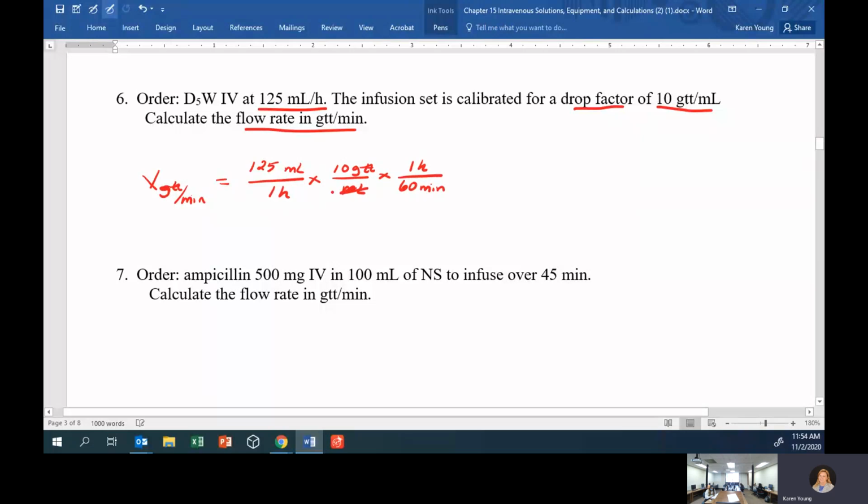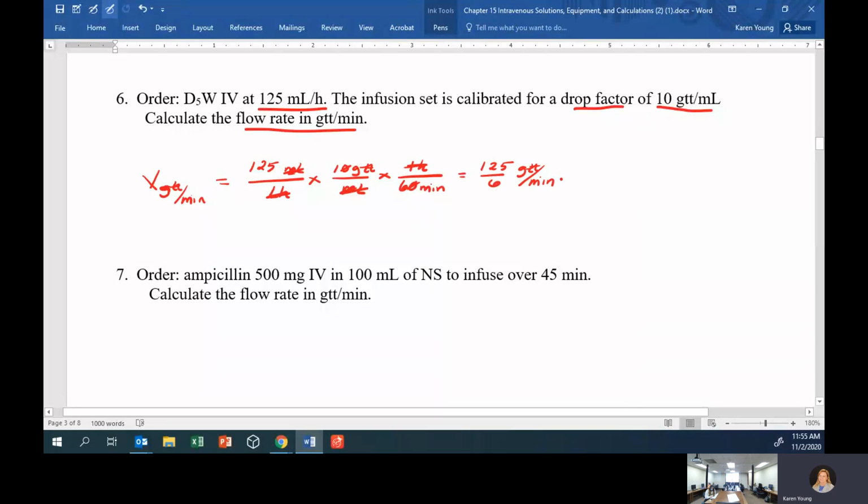So my milliliters cancel, my hours cancel, and 10 on top, 60 on bottom. I can cancel just a 0. Our 10 goes into 60 6 times, either way. So I have 125 divided by 6, and it's drops per minute.